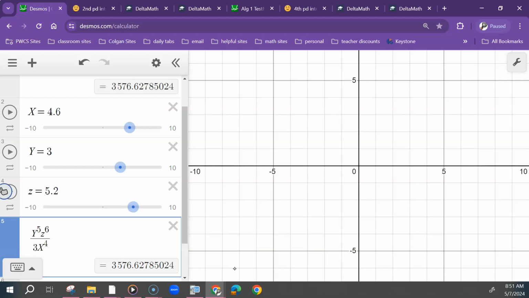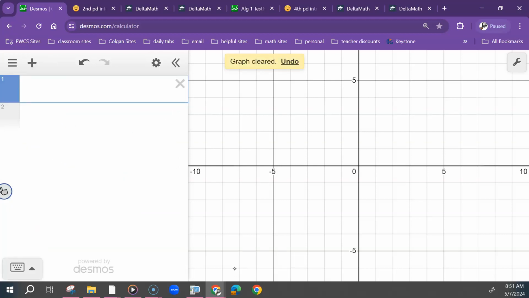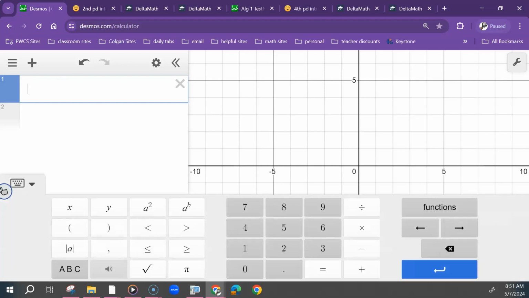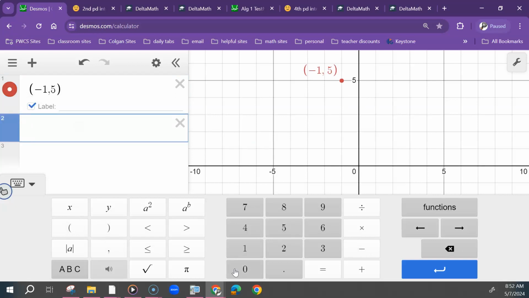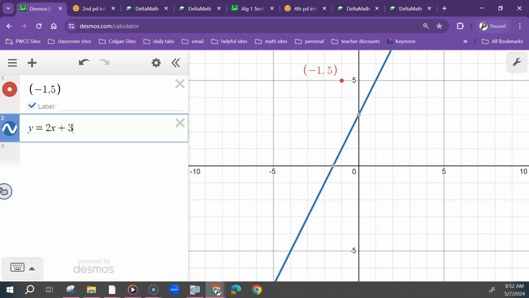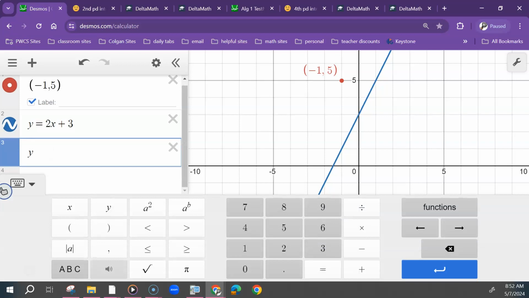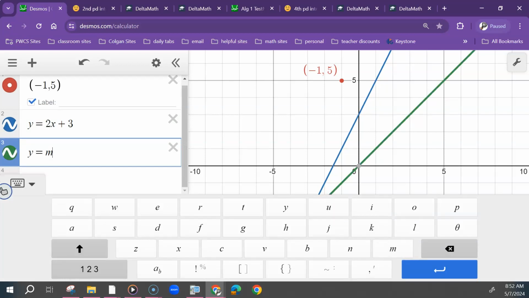So then in number 2, we have to write the equation of a line that is parallel to the given equation but goes through the point, and they have equations. So I'm going to type in that point first. Type in the given equation. And because I know I need another equation, I'm going to type in my equation of the line, y equals mx plus b.